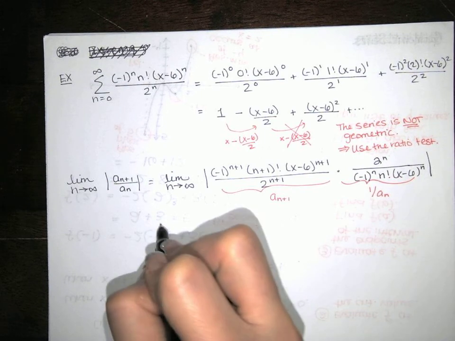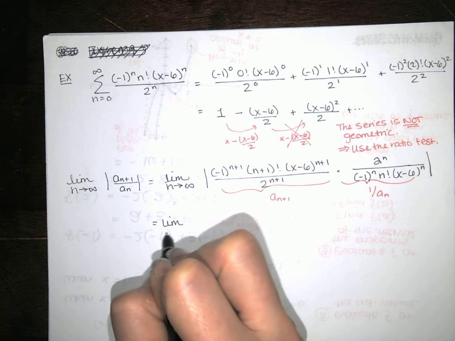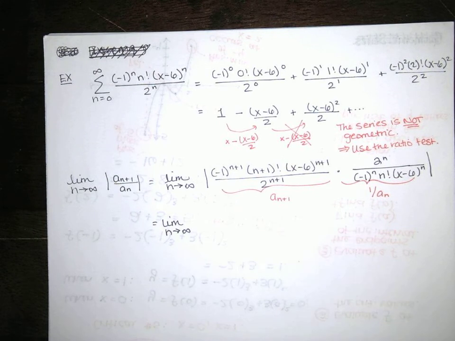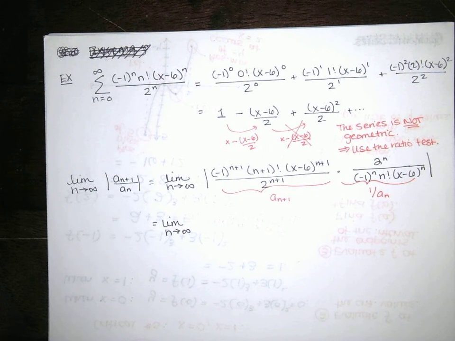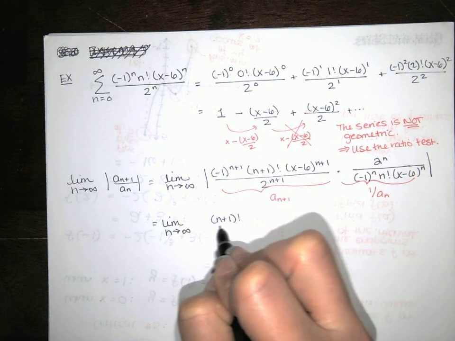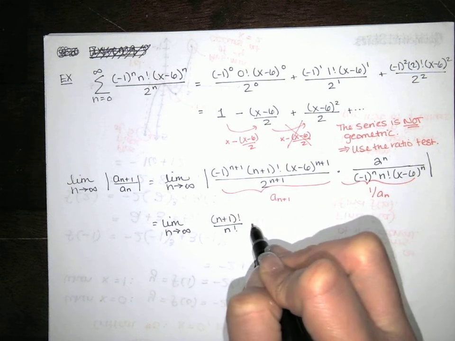Okay. Now, the negative 1 to the n plus 1 and the negative 1 to the n, those are gone when you take the absolute value, because the absolute value of a positive or negative 1 is always 1. Now, the factorials can be grouped together. I'll have n plus 1 factorial over n factorial.